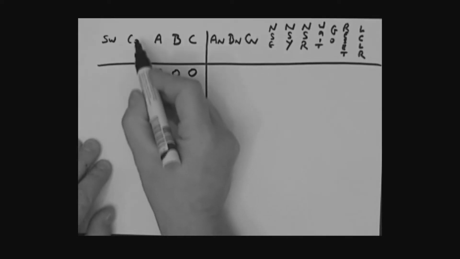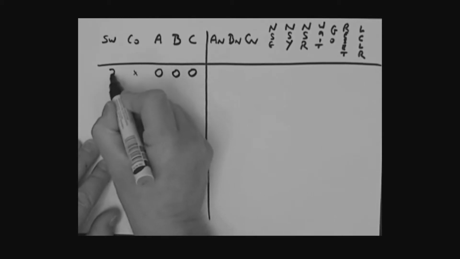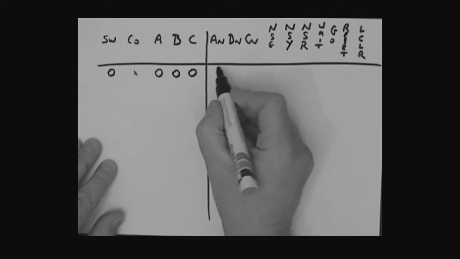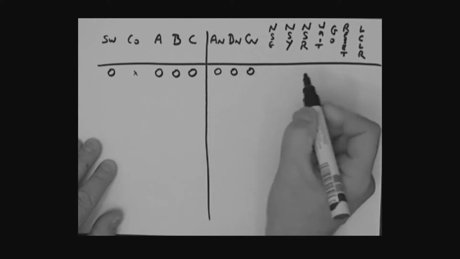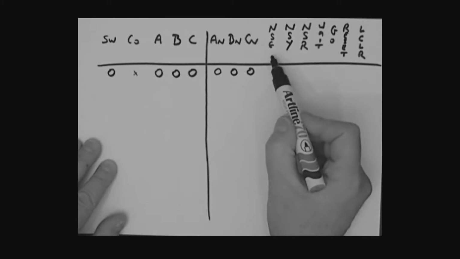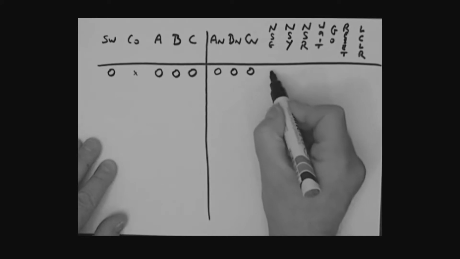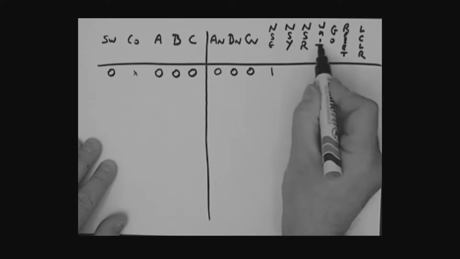So we don't care about the carry out. I'll represent that with a little x. If the switch were a 0, coming from the SR latch, then when I get the clock edge, I'm not going to change states. I'll stay in the same state. What lights do I want on? Well, it's whatever is in this rectangular box. We want the green light on, and I'm assuming these are high acting signals.